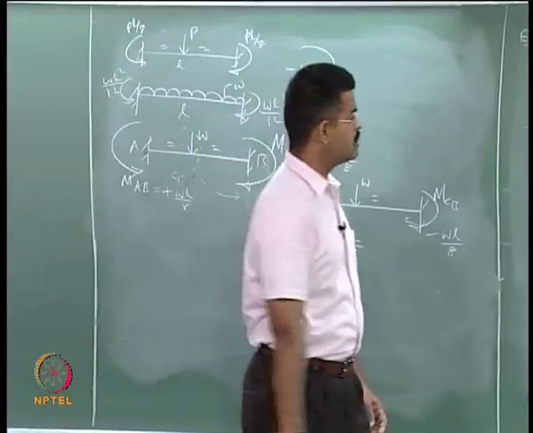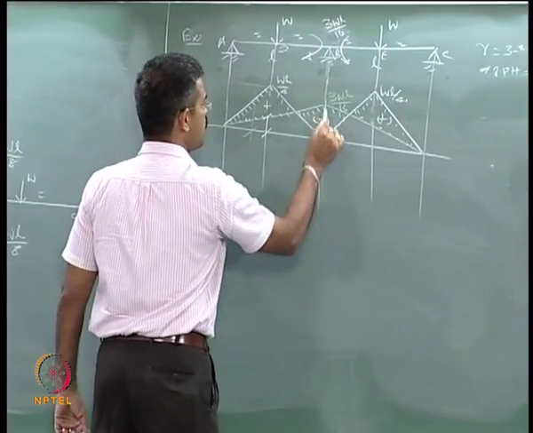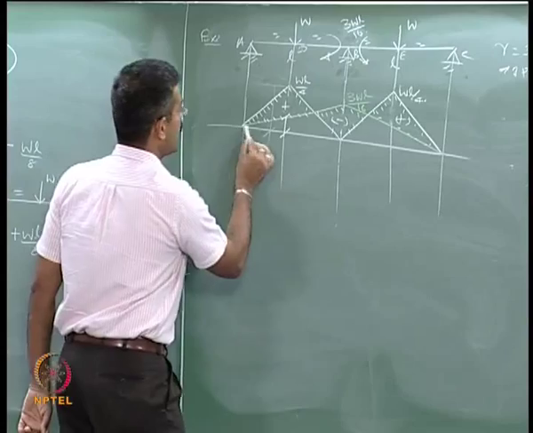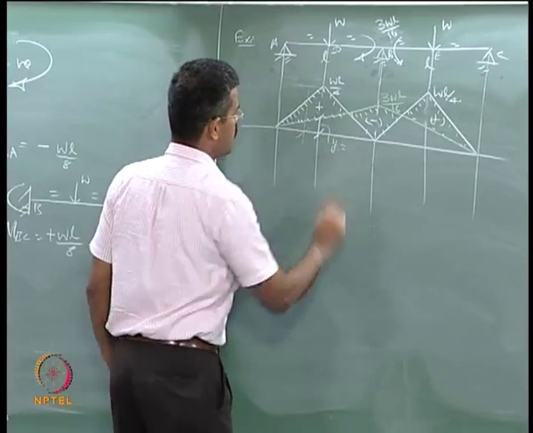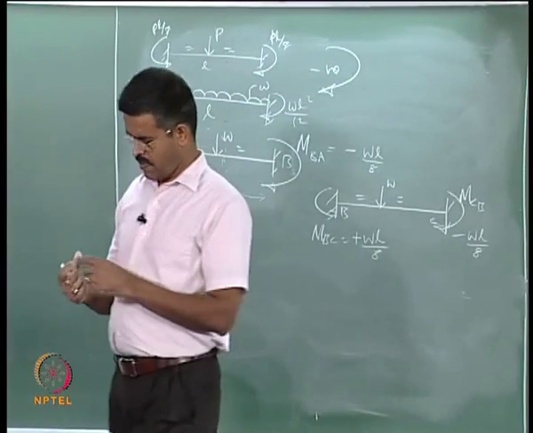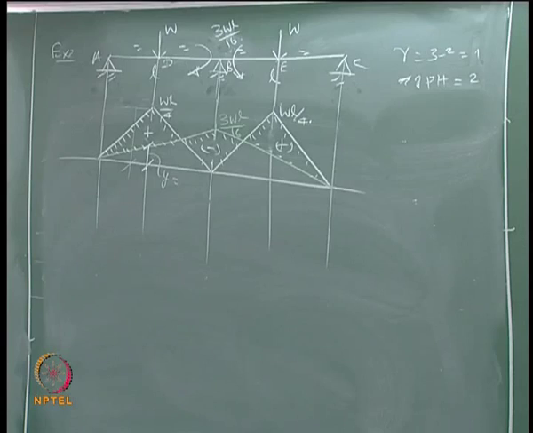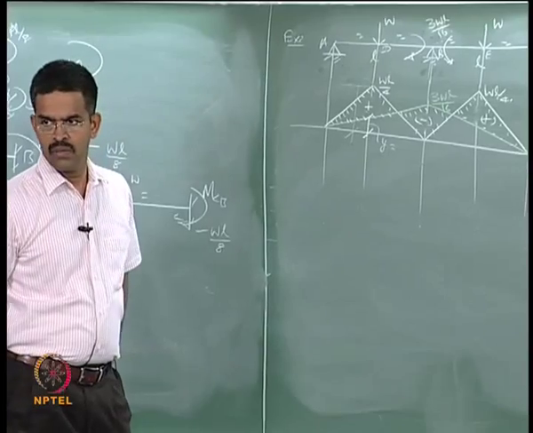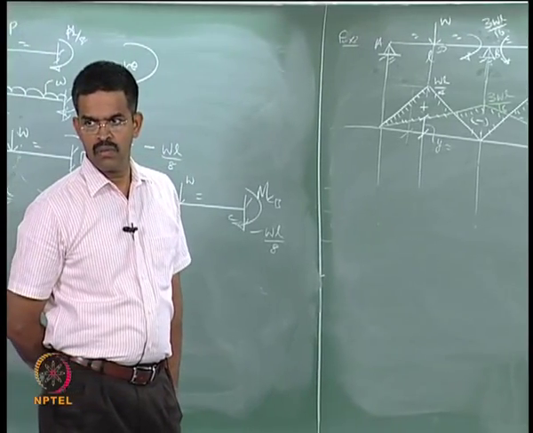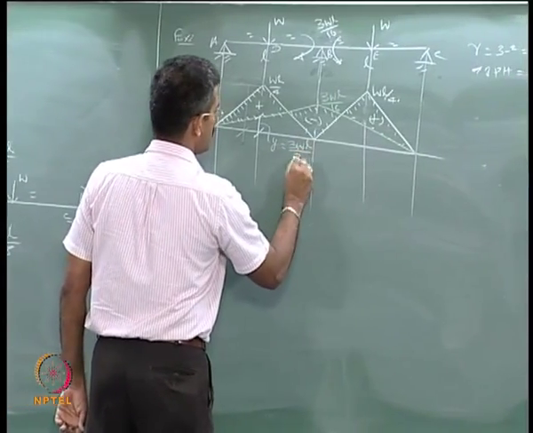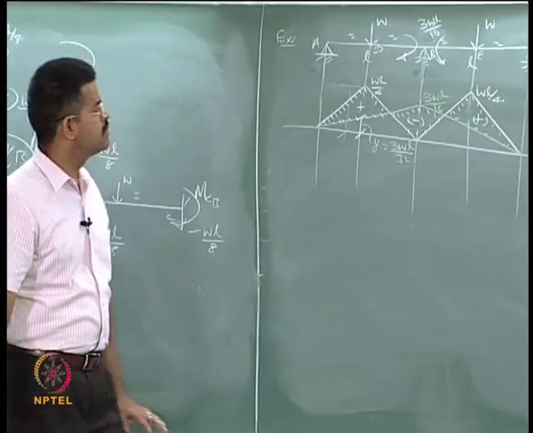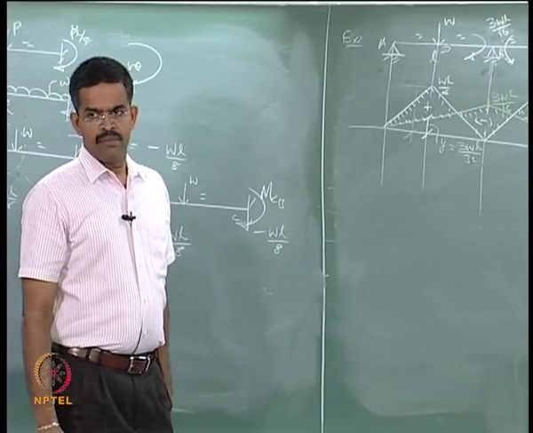It is very simple, because for L it is 3 by 16 WL, for L by 2 this can be easily found out. Can you tell me what this value is? I call this Y, tell me what this value is. This is L by 2. So this is 3 WL by, half of this, no, 32.